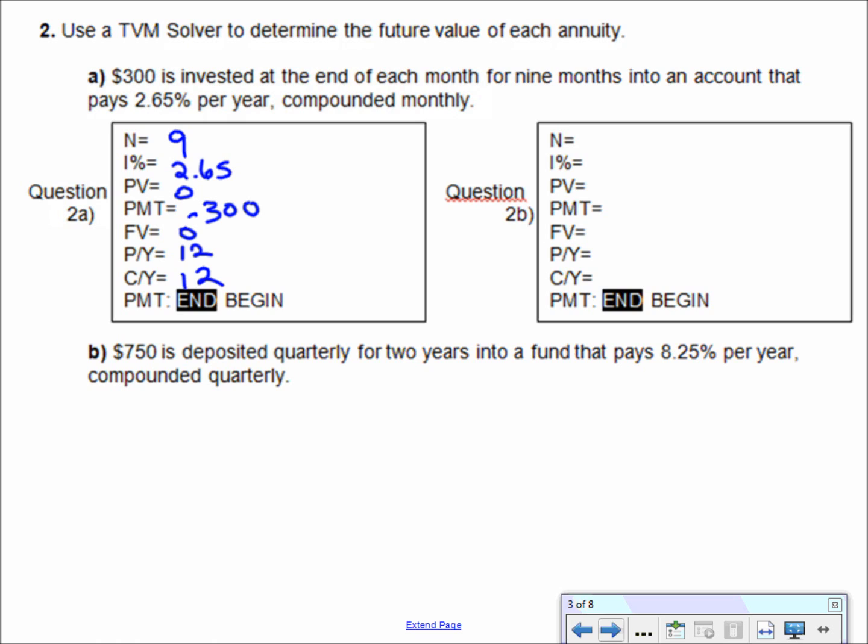So it's now 9, 2.65, 0, negative 300, 0, 12, and 12. Future value is 2723.97. I actually think if you flip to the next page, there are answers. But you can check them later.